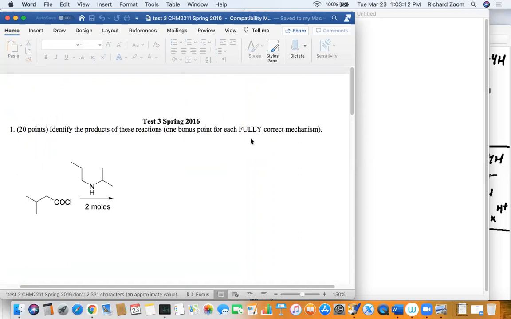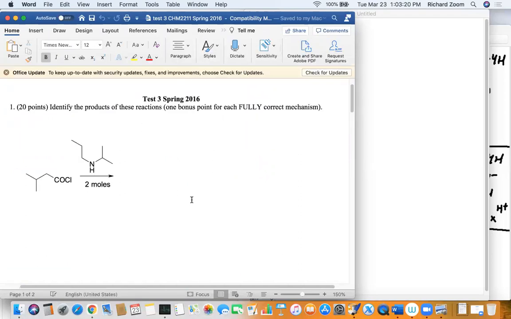Just looking at this test here, let's go through and classify each of these as A, B, N, or O, just so you can get the idea of what I'm talking about.